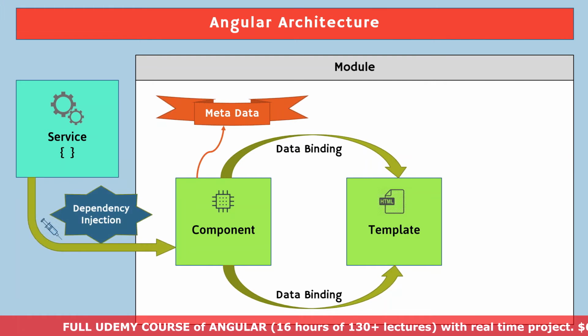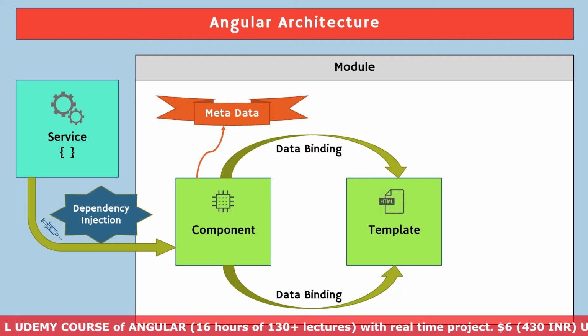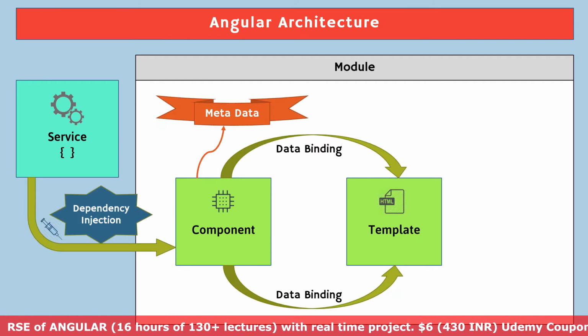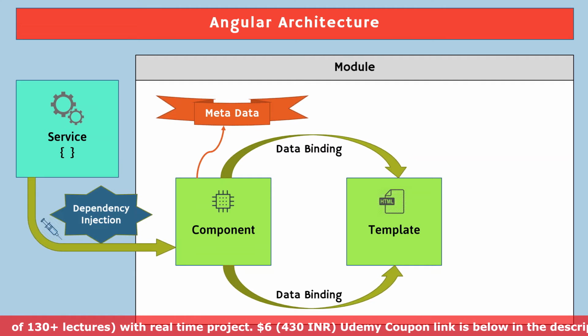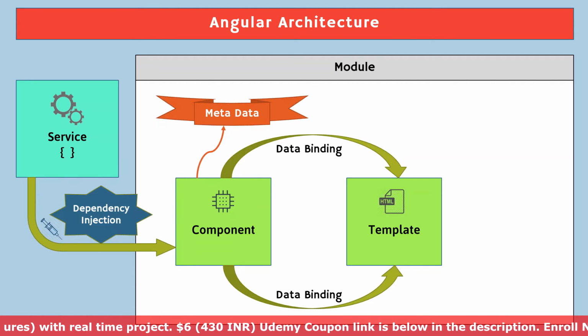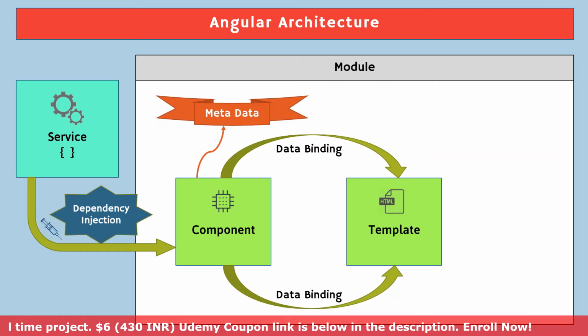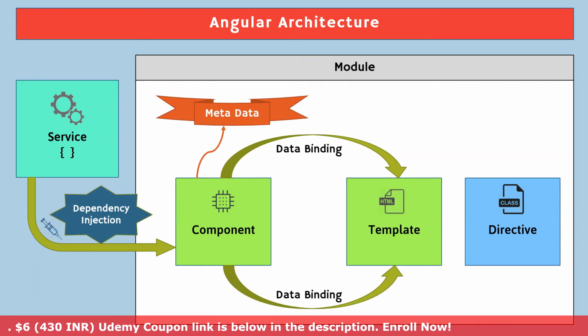Dependency injection is a concept of creating service objects at runtime automatically and loading those service objects into the constructor of the components as per the necessity of the component. In general, directives are mainly used to create custom gadgets such as draggable, modal pop-up, collapsible, accordion, etc.